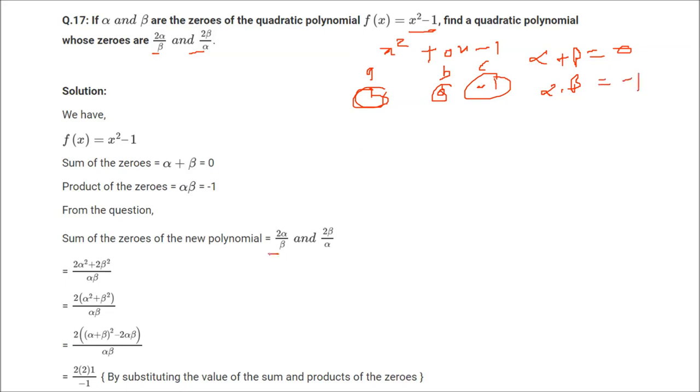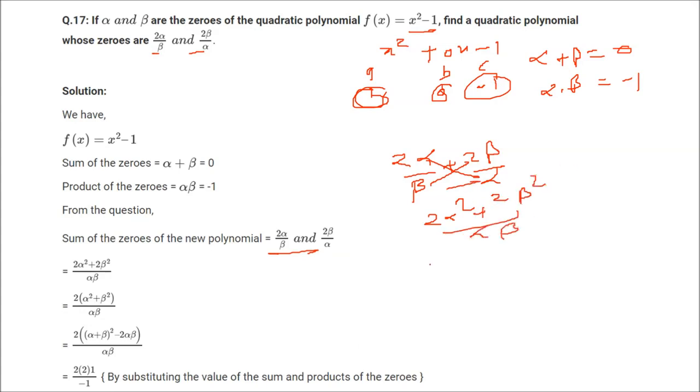Now these two we are taking, sum of the zeros will be what? Whose the quadratic polynomial sum of zeros is this. So 2 alpha by beta plus 2 beta by alpha. First let us add them. Multiply these two, 2 alpha square. Multiply these two, 2 beta square. Multiply these two, alpha beta. Take 2 common.